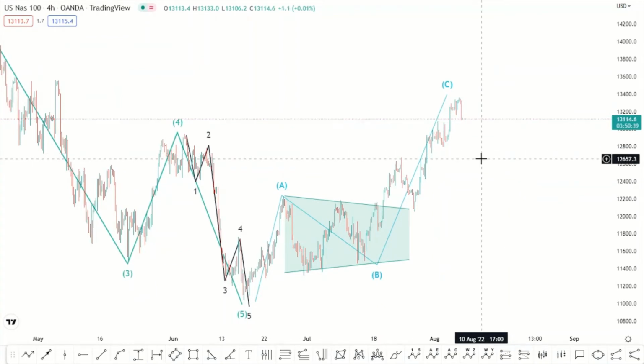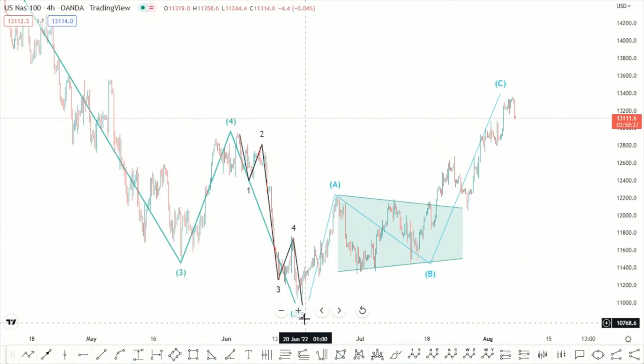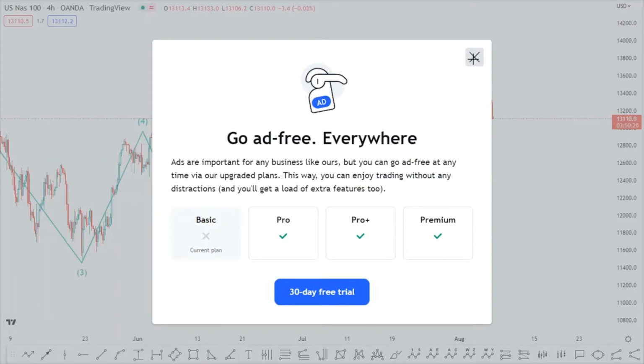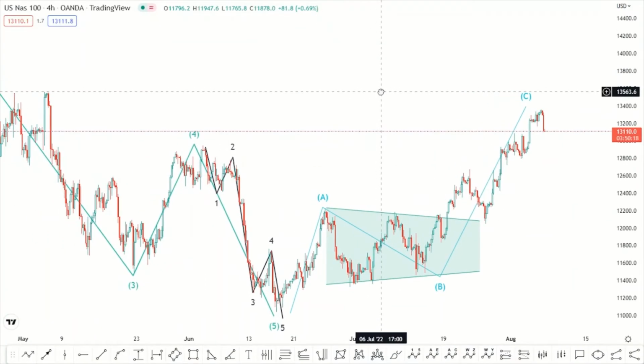Because Elliot Waves is all about waiting for a perfect moment, something that is clearly visible, because once it is visible and trustworthy, it is of good use, and high probability potential. So, it is clear right now. It is pretty much clear, right?